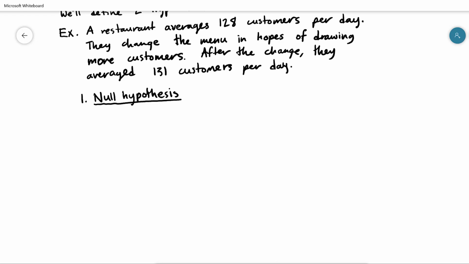It wasn't actually a result of the menu change. So this is the idea in this case, that the new menu doesn't change the number of customers. So in this case, basically what we're saying is the average number of customers, which we're going to call mu, is still going to be equal to 128.